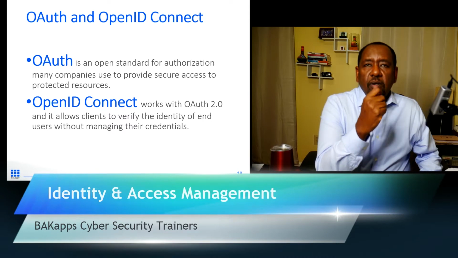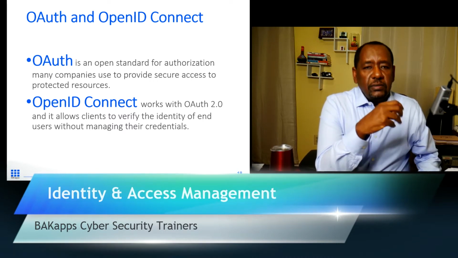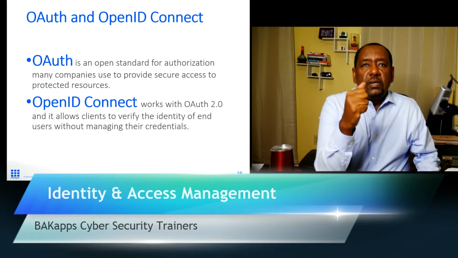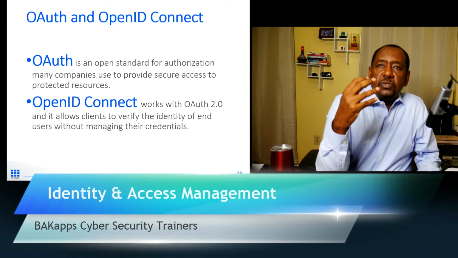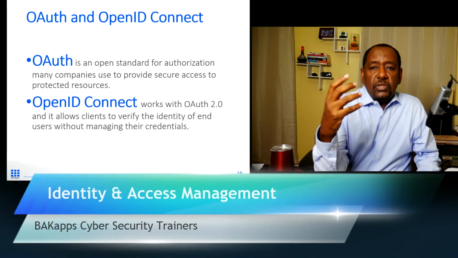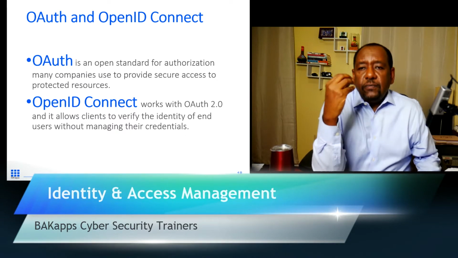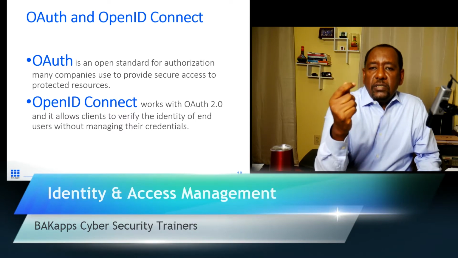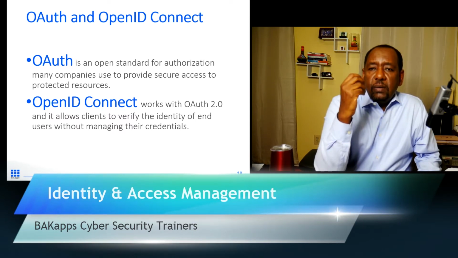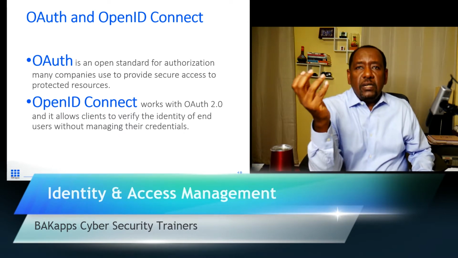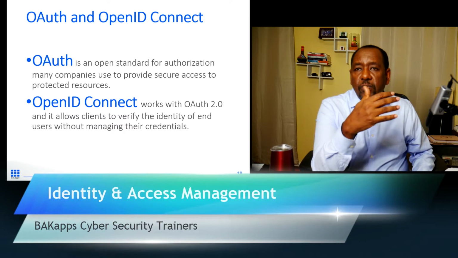Then comes what we call OAuth and OpenID Connect. OAuth is an open standard for authorization. Many companies these days use it to provide secure access to their protected resources. Instead of creating a different account for each website you access, you can often use the same account that you have created, let's say with Google or with Facebook or with PayPal.